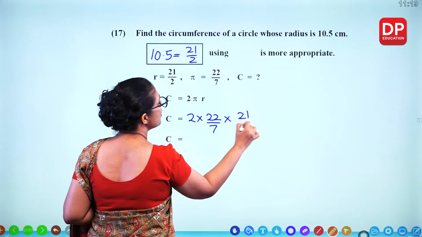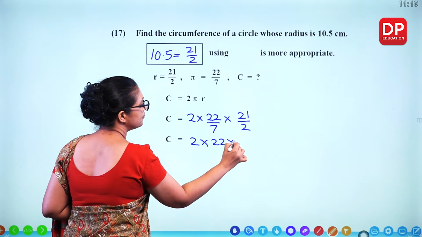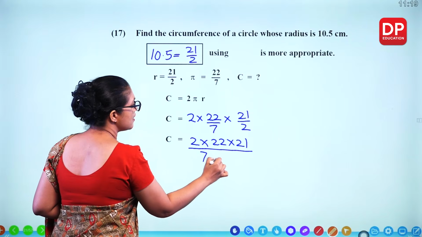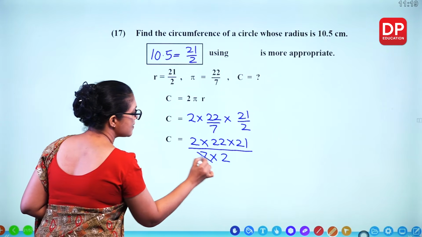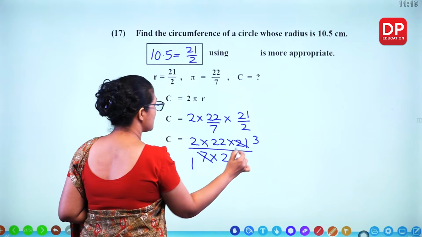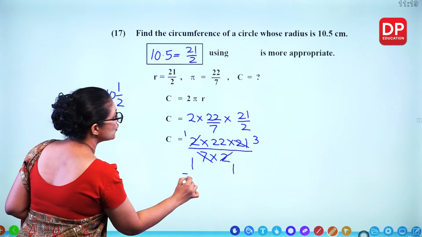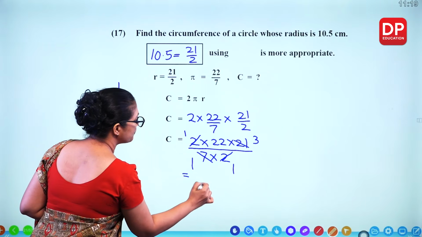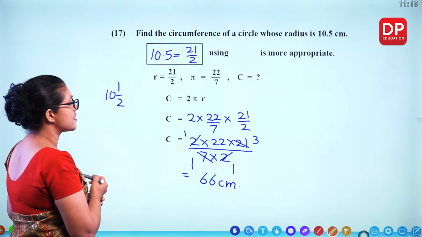R is 21/2. Now multiply. This way it's easy. So you can simplify easily. 7 times 1, this is 3. 2 gets cancelled out and you get 1. So 3 times 22, 66 centimeters.